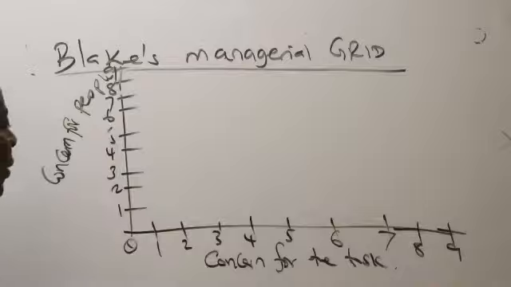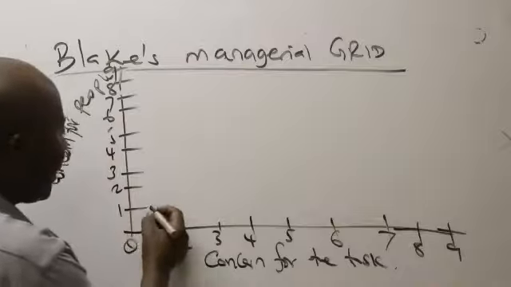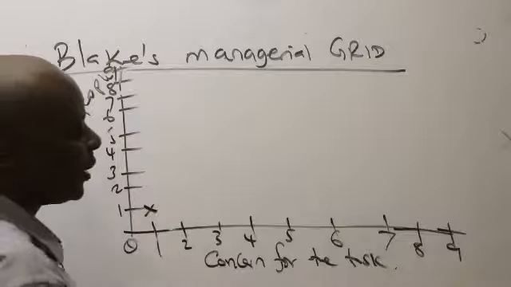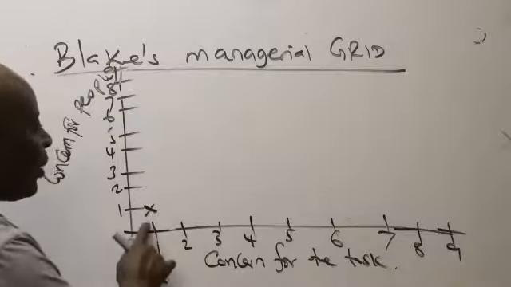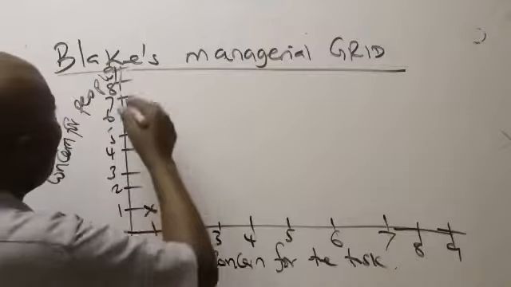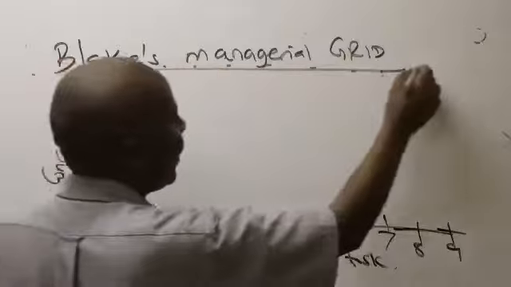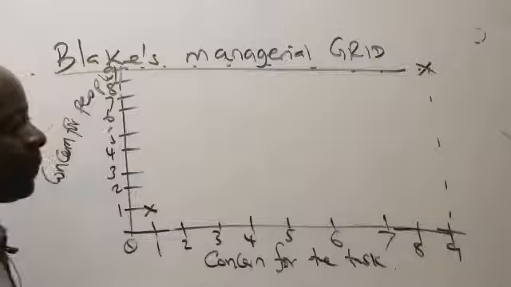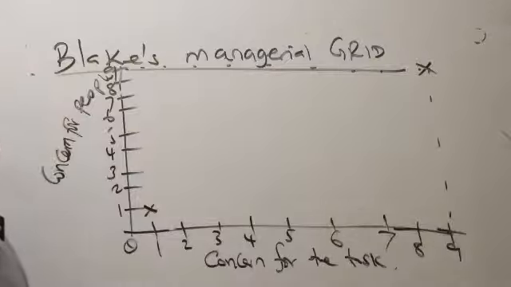So of course we'll be having various managers: this manager who operates at this particular point there. We have another manager, ladies and gentlemen, for example, who is here at 9, 9.